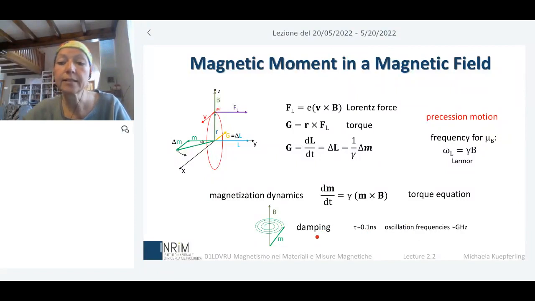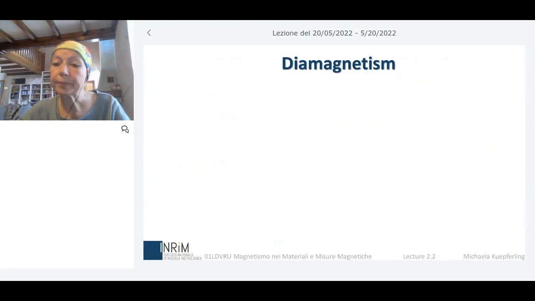And this resonance of the magnetization we can measure, of course, because we may measure a signal that is produced in the gigahertz range coming from our magnetic material. So this was about the relation between angular momentum and magnetic moment.